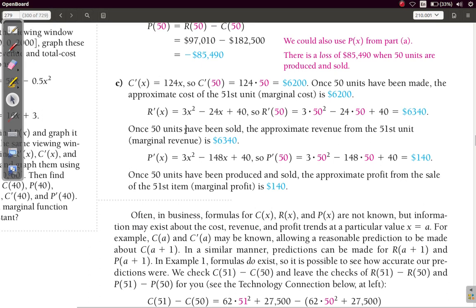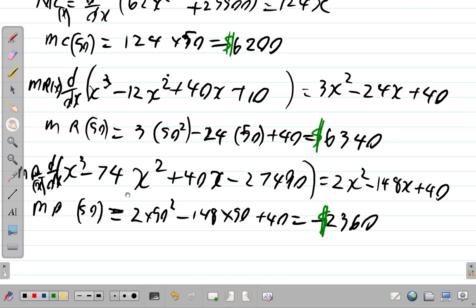When we derive it, oh my, I wrote 2 instead of 3. This should be 3x squared, not 2x squared.